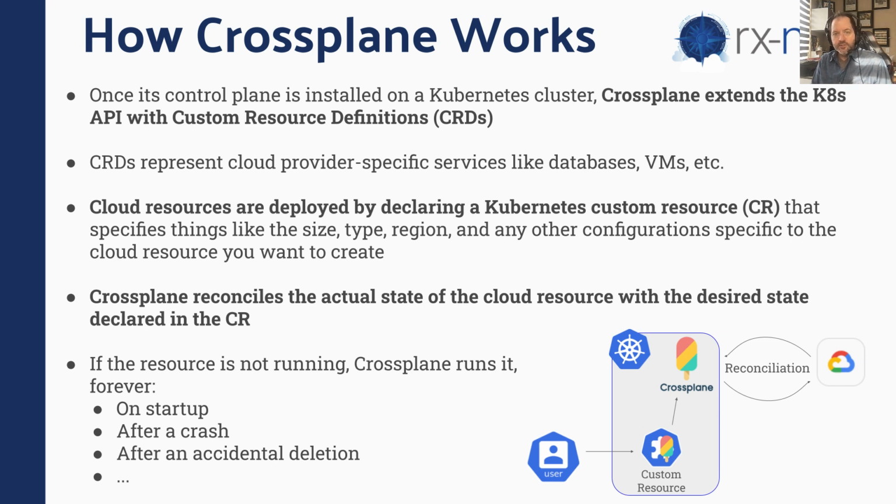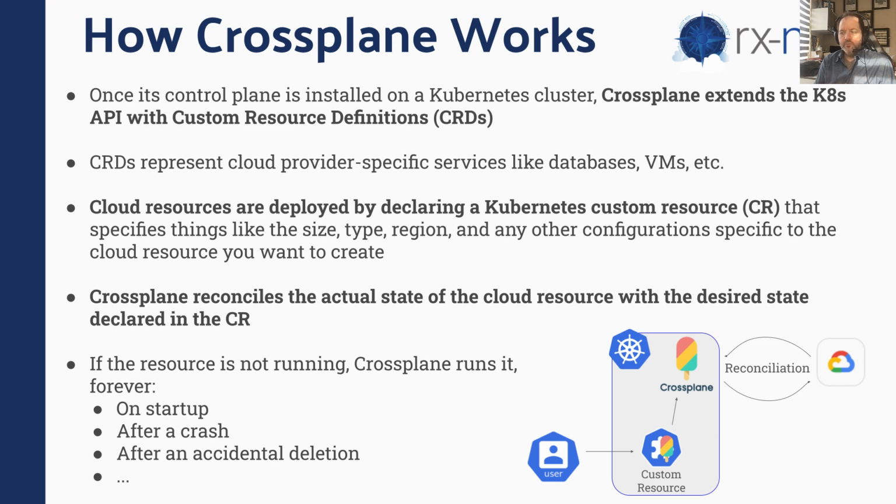Now, how does this all work? So once we've got Crossplane installed in a Kubernetes cluster, we essentially extend the Kubernetes API with Crossplane custom resource definitions. These extensions represent cloud provider specific things like databases, virtual machines, storage, right? So that we can use all of the services of the cloud as a Kubernetes resource.